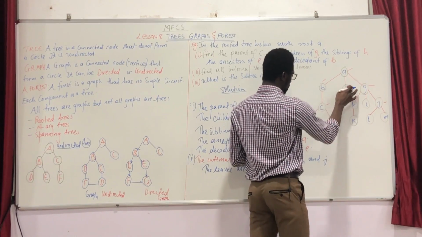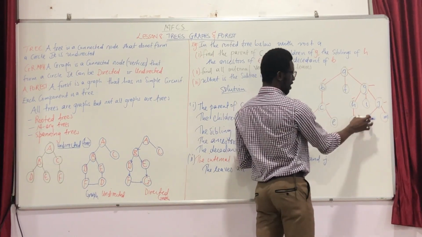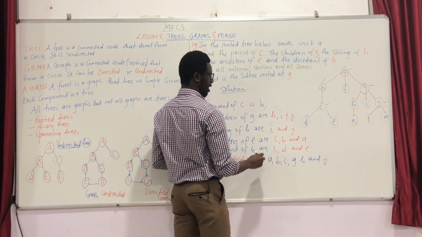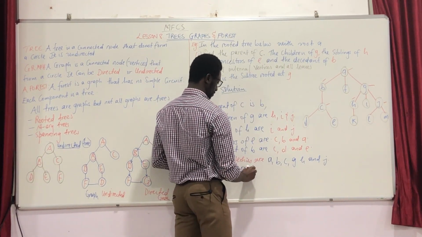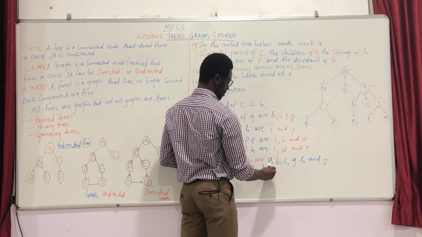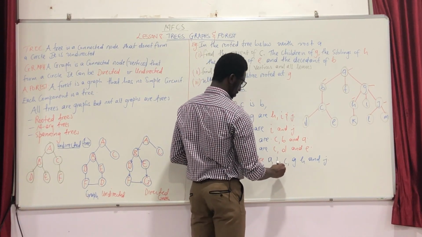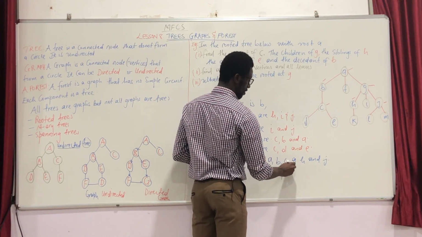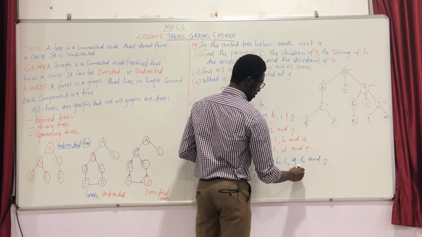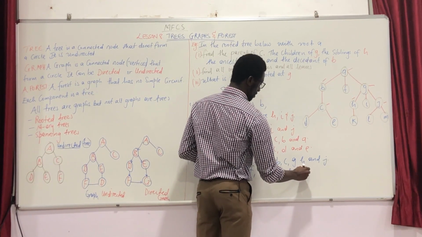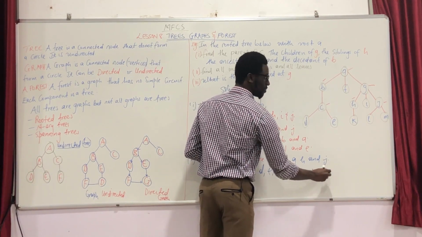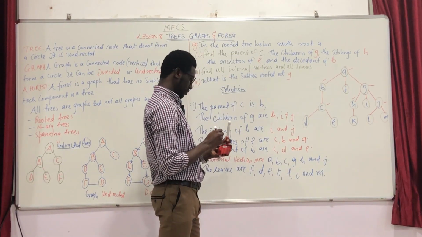So the leaves are F, D, E, K, L, I, and M. These are the leaves.